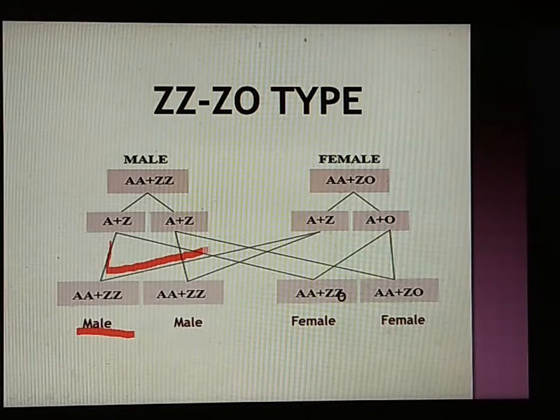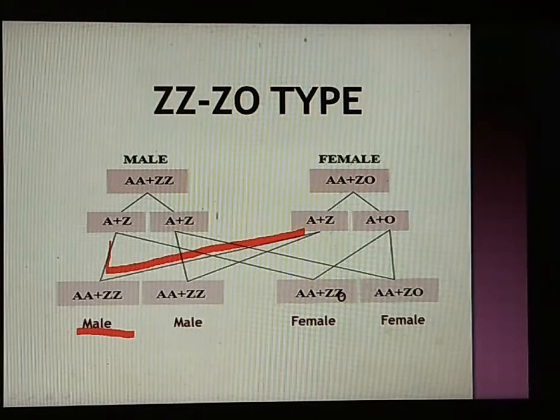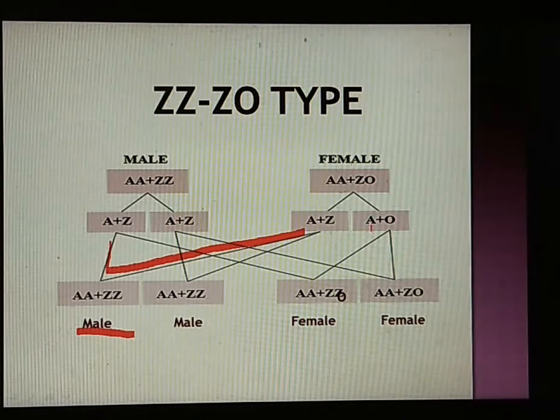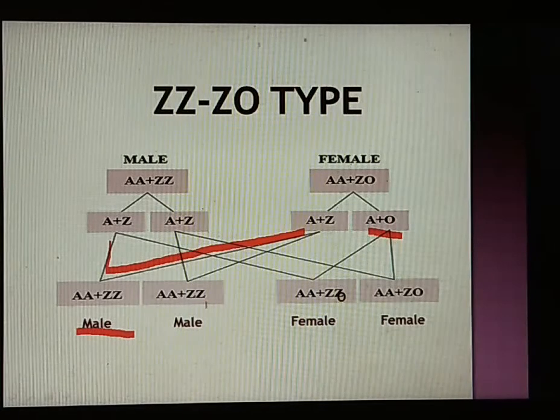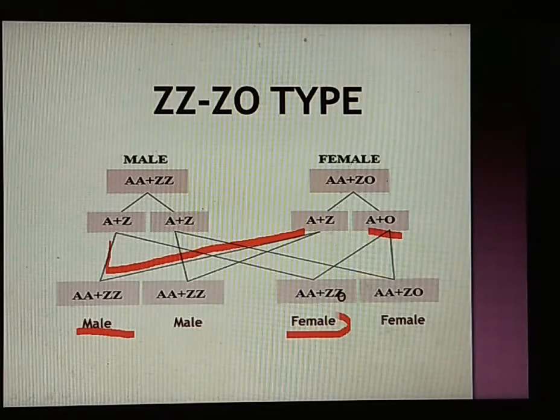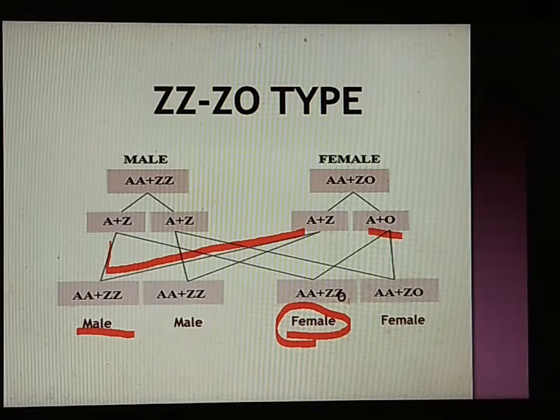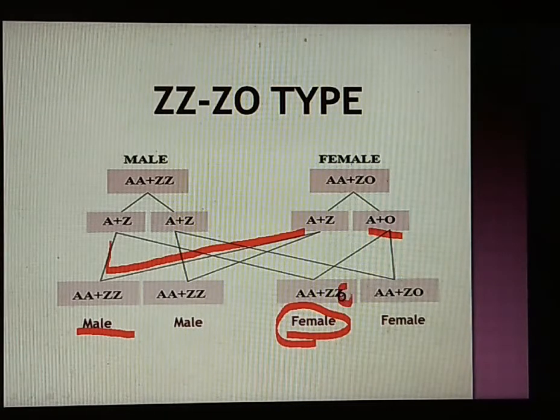We can see here, right? Whereas if the gamete or egg is without the Z chromosome, when it fuses with the sperms, it will always produce females, okay? So this is ZO here, okay?